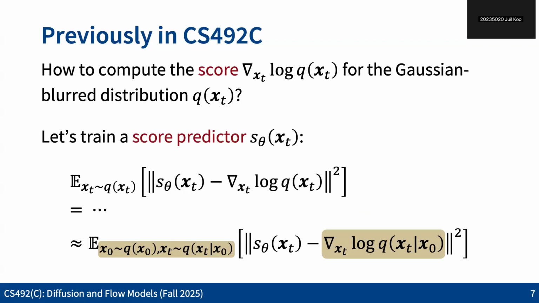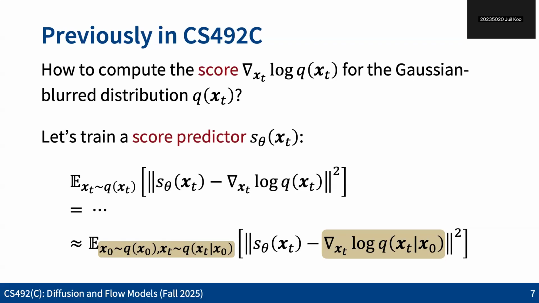Then this expected value becomes matching the score function for the conditional distribution. So that's the basic idea: we are going to train this score function in a way that we can perform Langevin dynamics, while the score predictor is trained to match the score function for the conditional distribution, by computing this expected value.